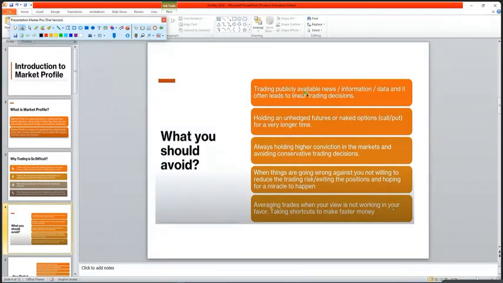We have to stop relying on external information. We always focus on external information, news and all that. I'm not telling you to deny it, but we should know how to use that particular news as a reference in the market.